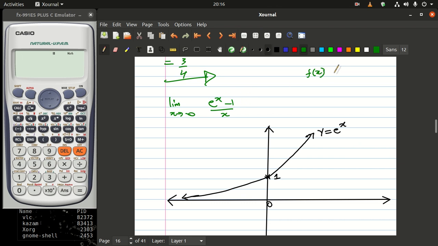I want this whole function to be in the middle of h of x and some g of x, such that the limit of this and the limit of that is the same. In other words, these two functions need to actually be passing through one point close to x equal to 0, so that the limit conditions are met.